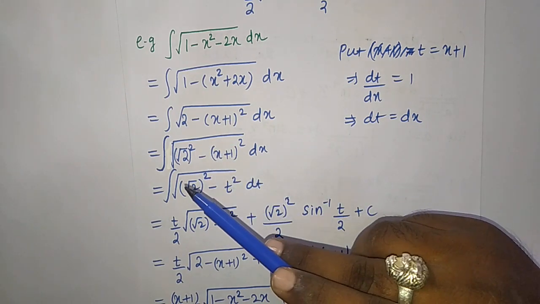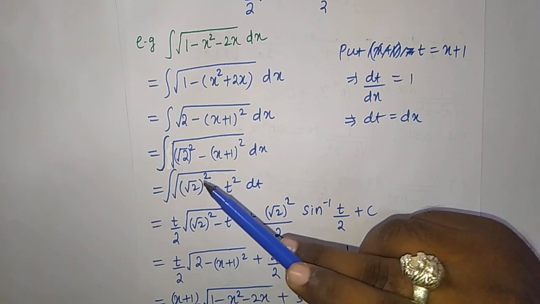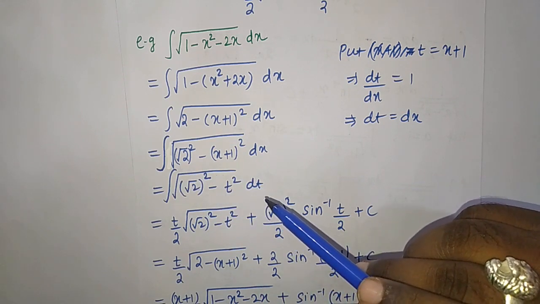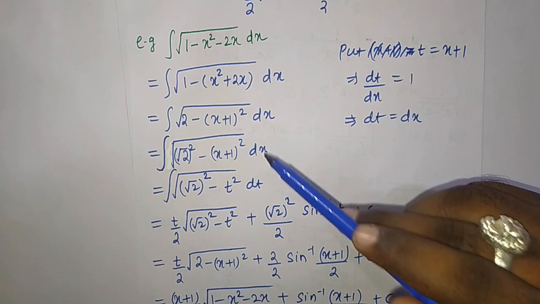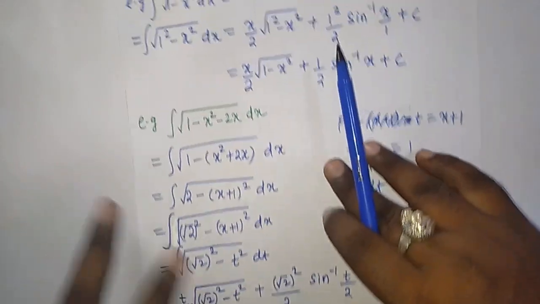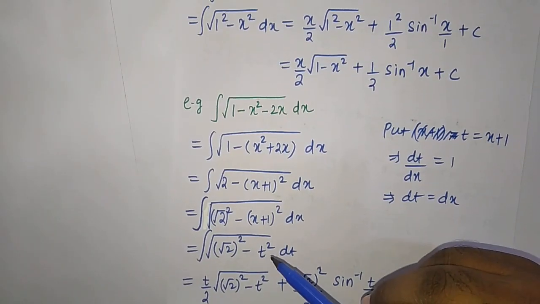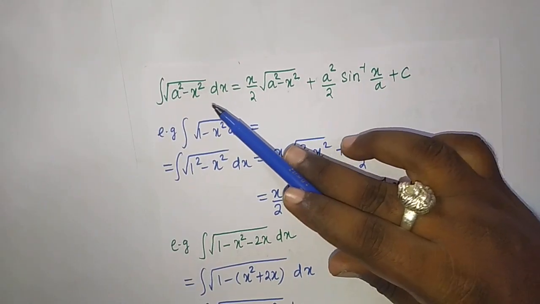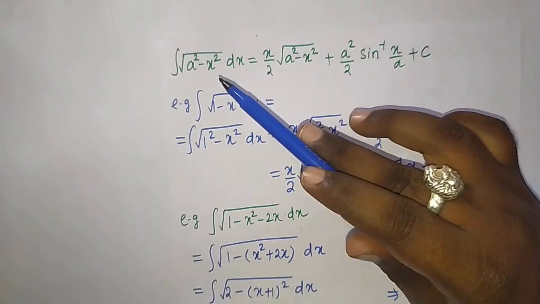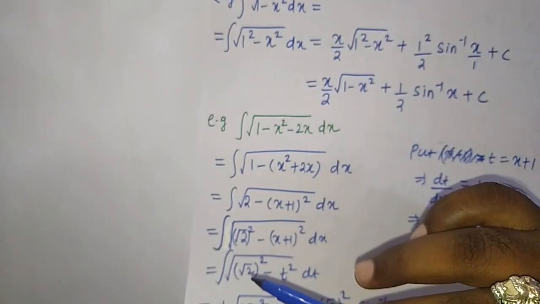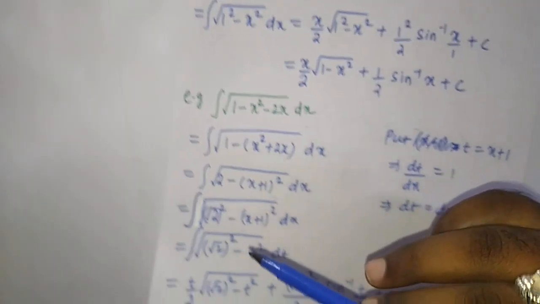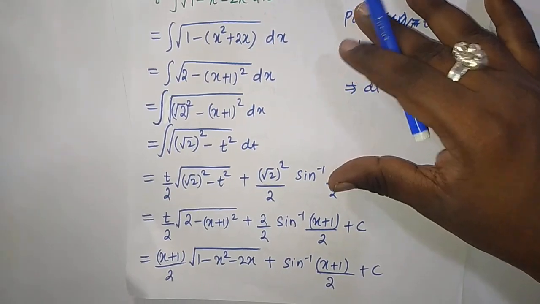So it becomes root over of root 2 whole square minus t square into dt, after putting dt in place of dx. Now you can see this form is the same as this form, only in place of x there is t, and in place of a there is root 2. So apply that formula.